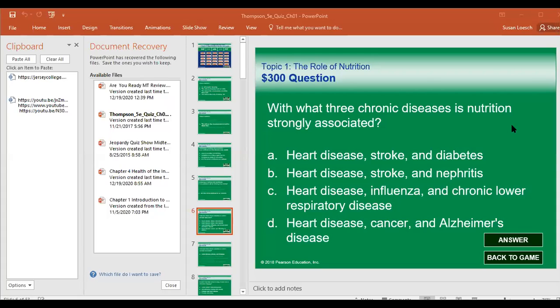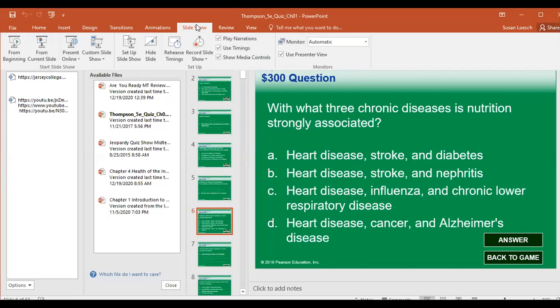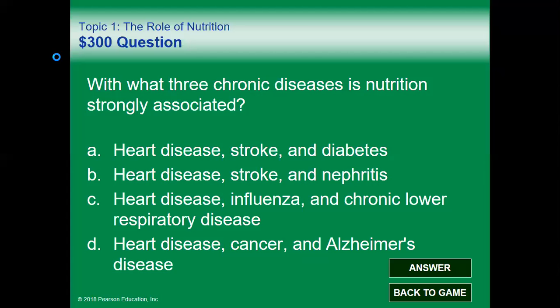Okay, with what 3 chronic diseases is nutrition strongly associated? Can you see my screen? Yes. A. Heart disease, stroke, and diabetes? Yeah.